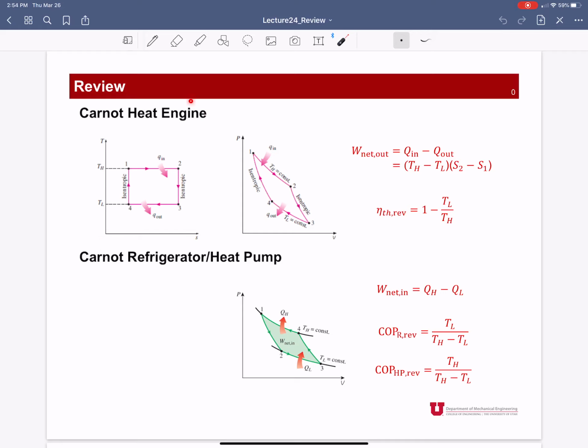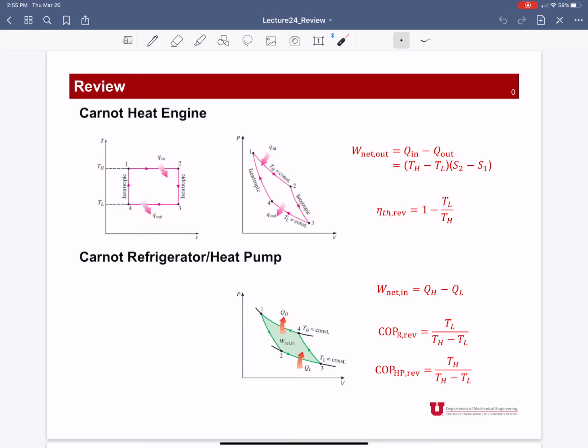The Carnot heat engine is the most ideal heat engine that would give us the maximum efficiency possible. And how can you make this very ideal heat engine? The Carnot cycle has four processes combined.